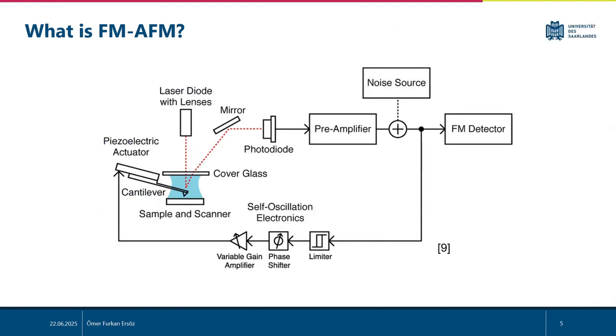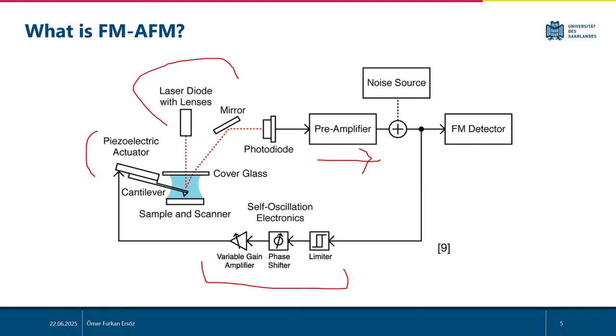This schematic illustrates the setup. The cantilever is excited via a piezoelectric actuator. Its motion is detected by a laser and photodiode. The signal passes through a preamplifier and is processed by a self-oscillation loop, including phase shifter, limiter, and gain controller.